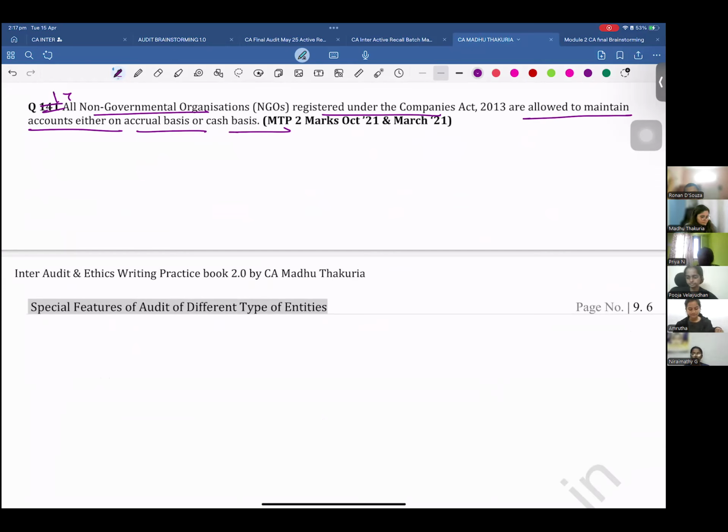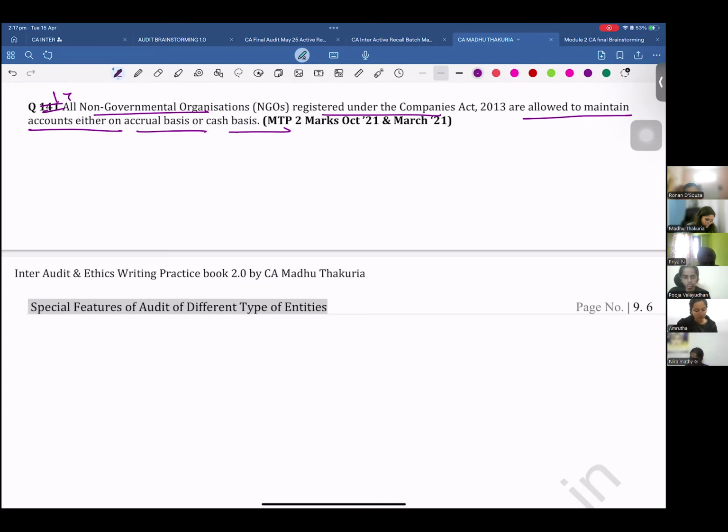Yes, ma'am. So are they allowed to maintain the accounts either on accrual basis or cash basis? No, only on accrual basis. Only on accrual basis? Do we have any section reference in which they have said that?